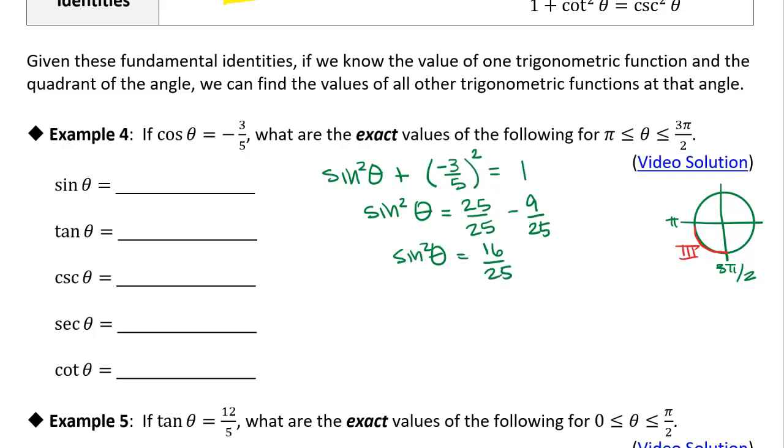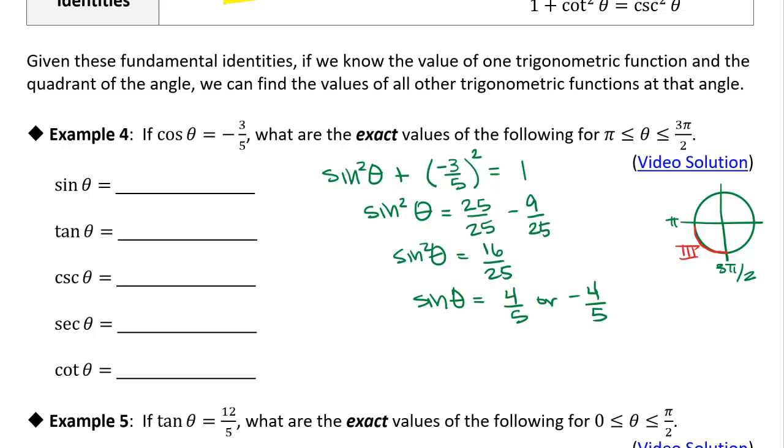Now, when I take the square root of both sides, I get sine of theta is equal to either 4/5 or negative 4/5. So then we have to decide which one. We already said that this angle is in the third quadrant, between pi and 3 pi over 2.